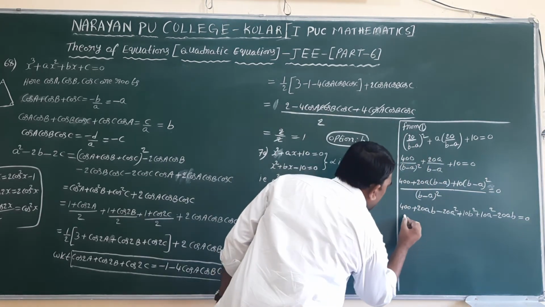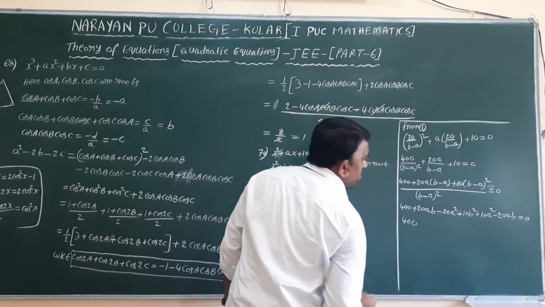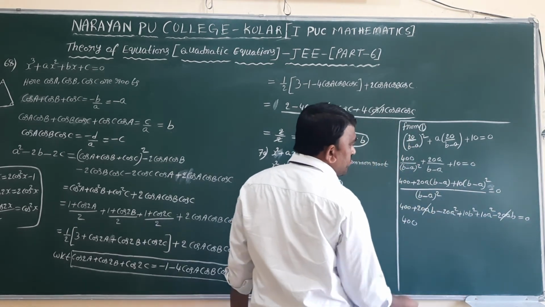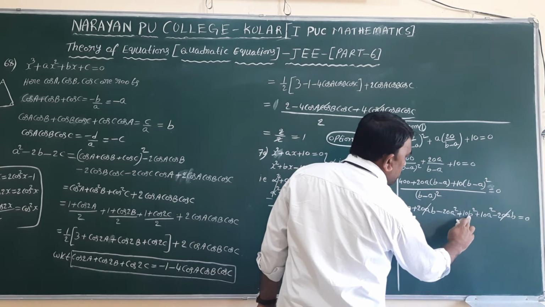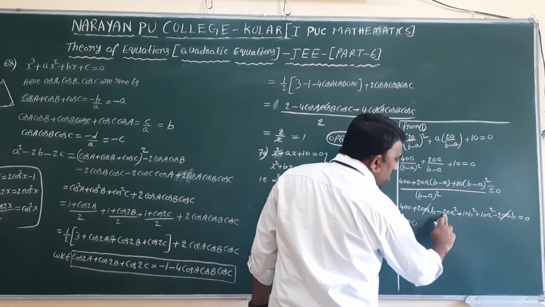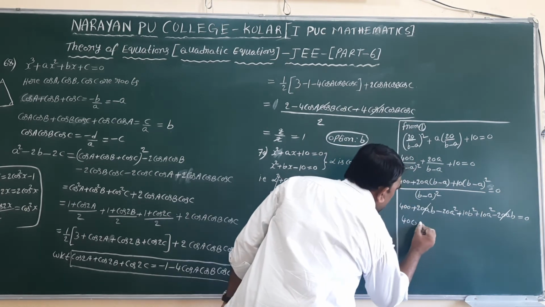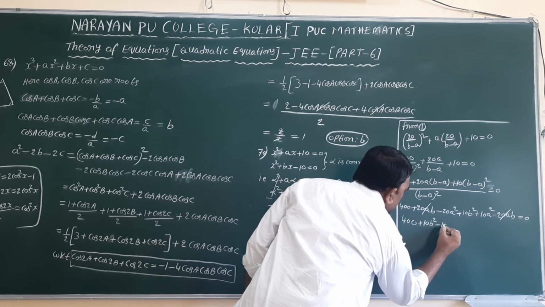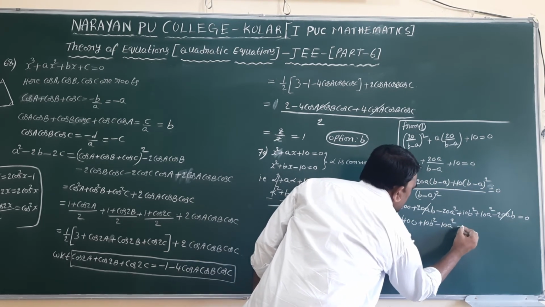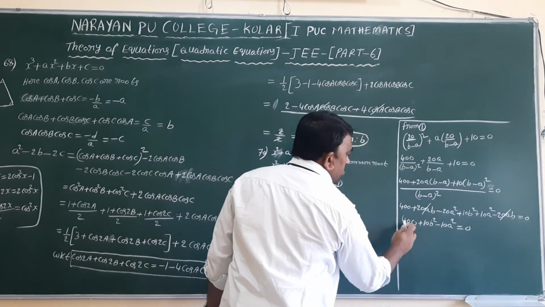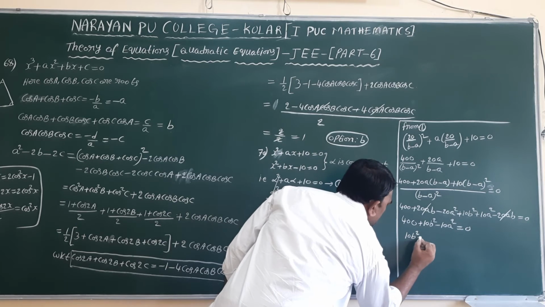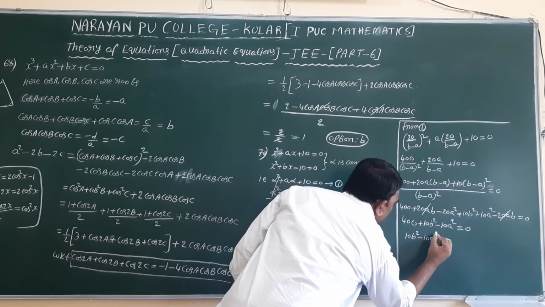So 400 plus 20ab minus 20ab cancelled. This value is 10b square minus 20a square plus 10a square, minus 10a square, 10b square minus 10a square is equal to 0. So 400 sent to that side, 10b square minus 10a square equal to minus 400.